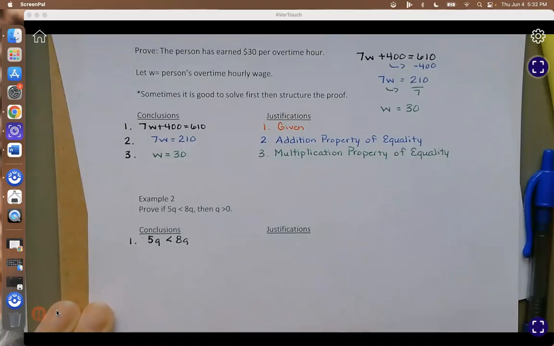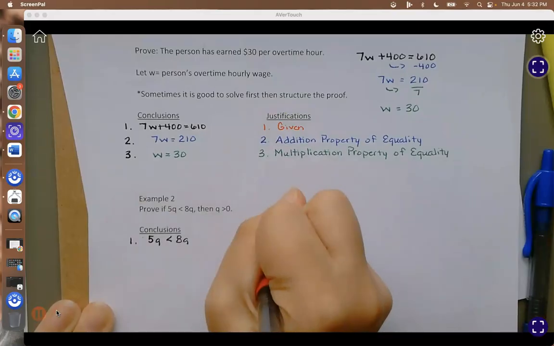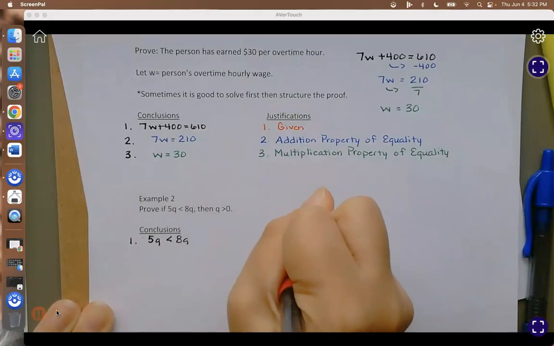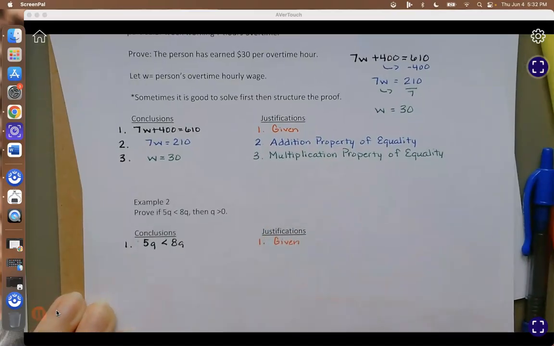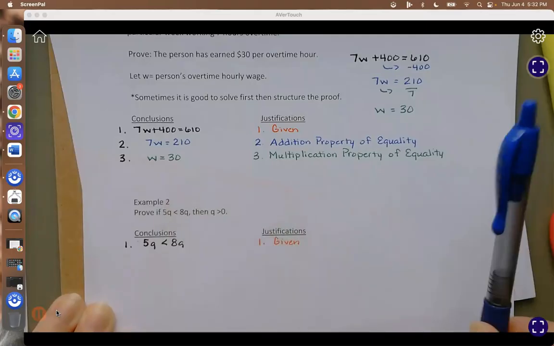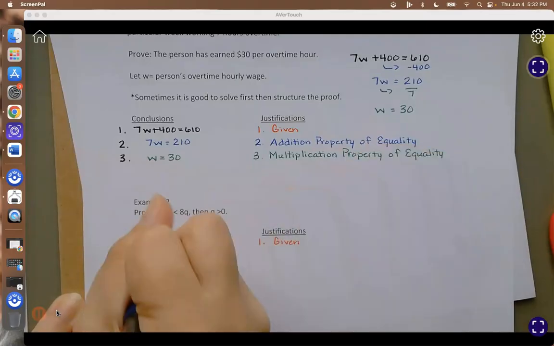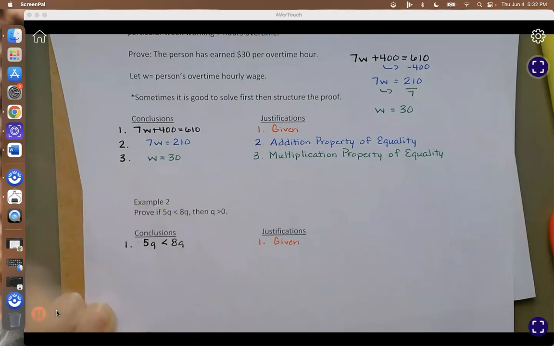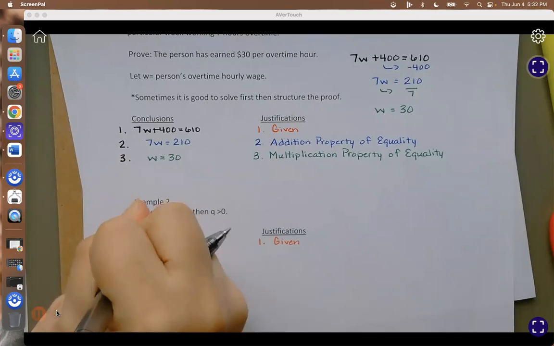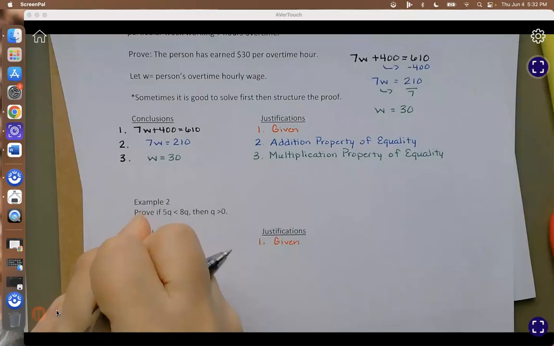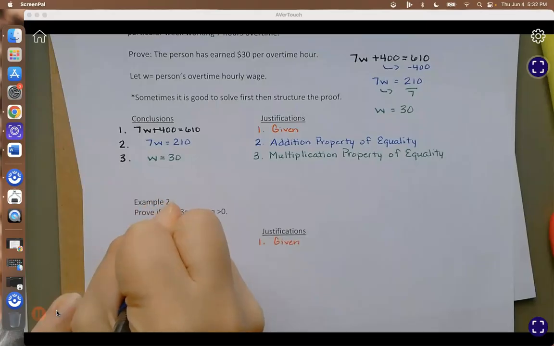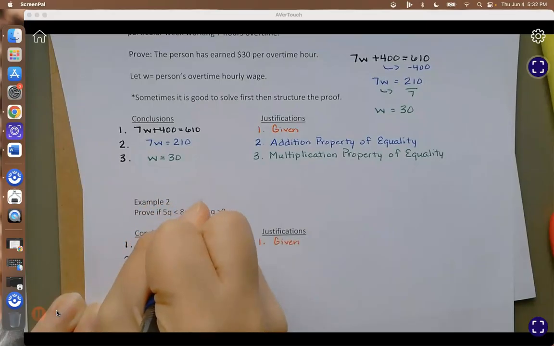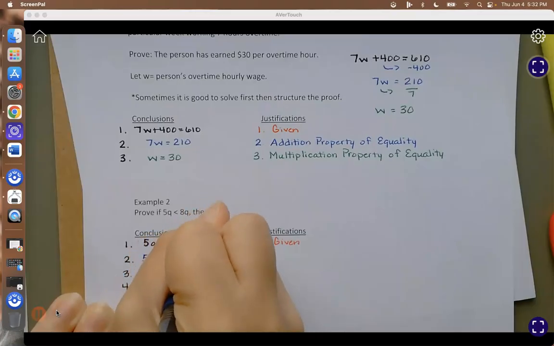So the first step and the first justification is given. Now, we need to get both pieces on the same side. So we go 5Q minus 8Q is less than 0.